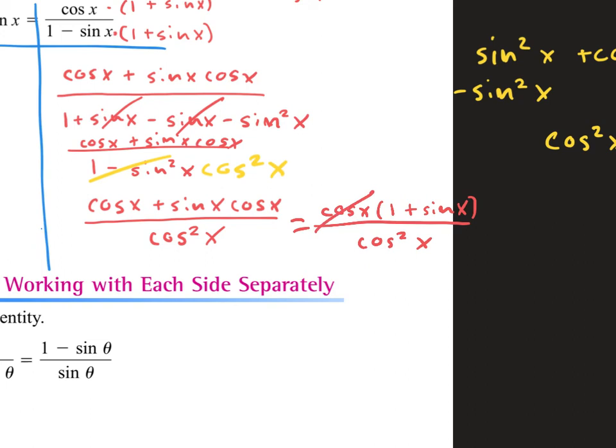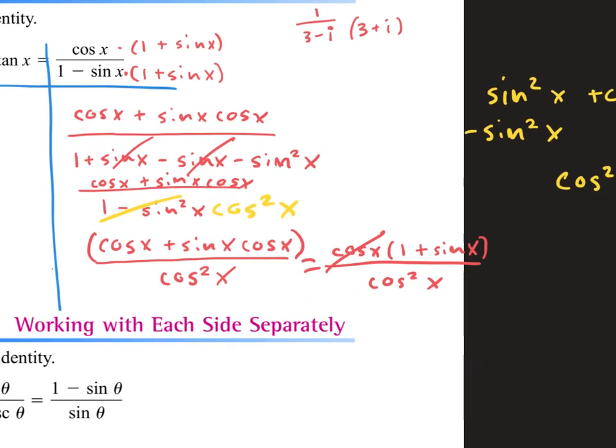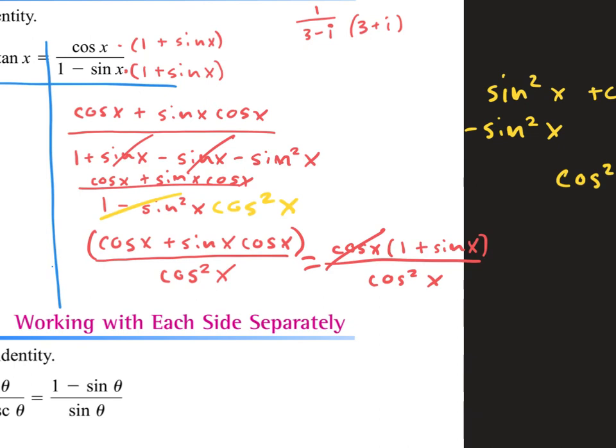Wait, Miss Barber, why did you put 1 plus sine x? Because I took out a cosine here. So when I take out a cosine, I made it look like how it started before I distributed that cosine x to both of them on the inside. Oh, okay. So from the start, I didn't even have to distribute it.